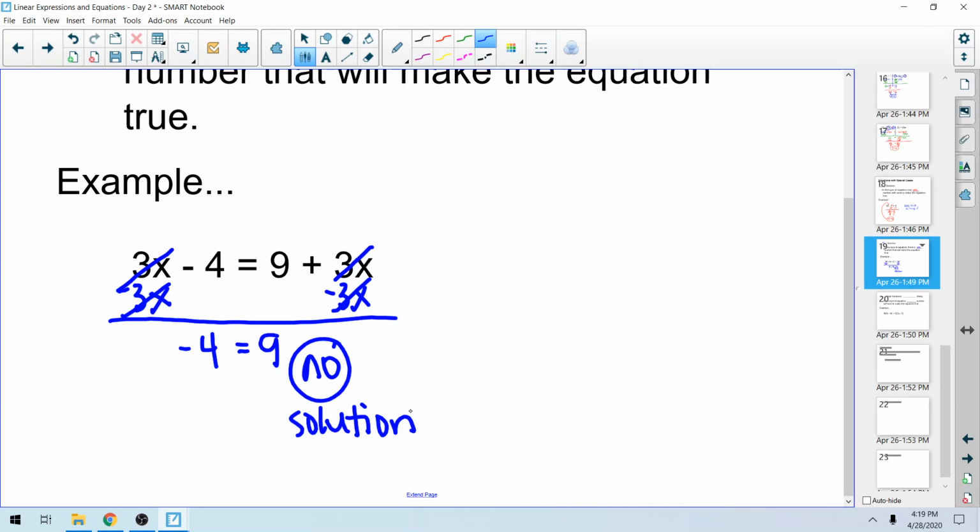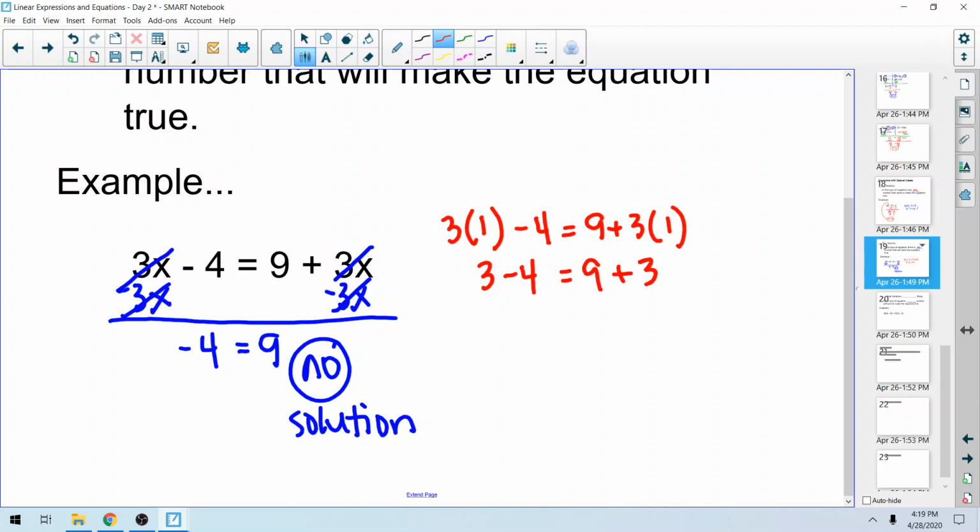So think about this. If you plugged a number in for x, let's say I plugged in a 1, I would be looking at 3 times 1 minus 4 equals 9 plus 3 times 1. Well, 3 times 1 is 3 minus 4 equals 9 plus 3.